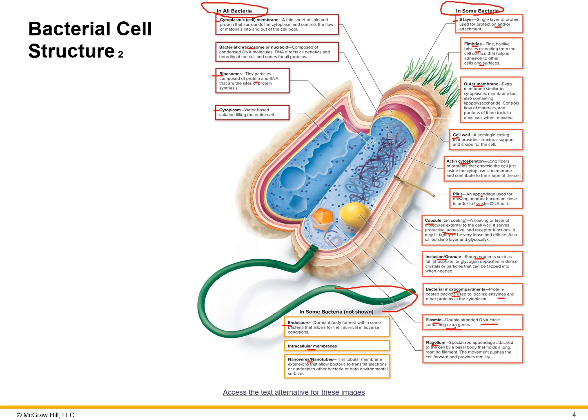And then those nanowires or nanotubes, which are membrane extensions that help the bacteria transmit electrons or nutrients to other bacteria. They connect to another cell and can transfer nutrients or even electrons.